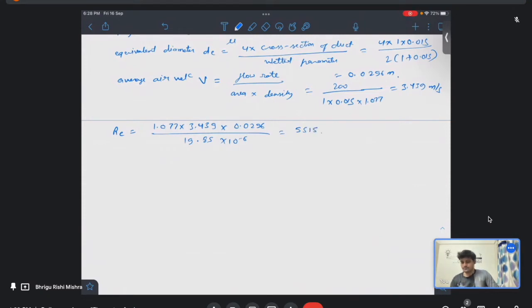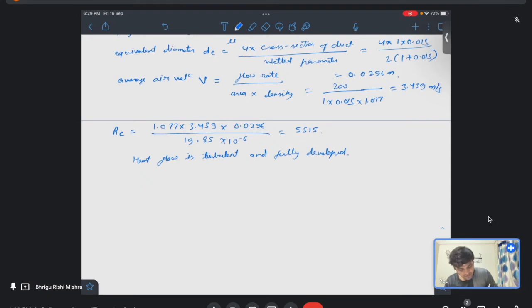5515. So if the Reynolds value is between 1000 and 10,000, that means the heat flow is turbulent and fully developed.